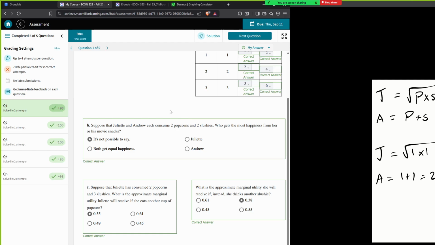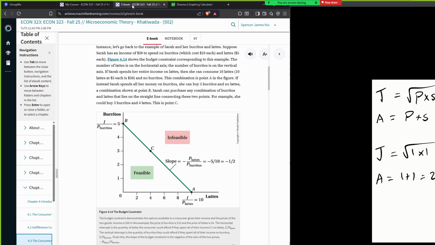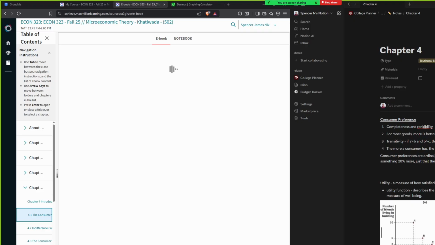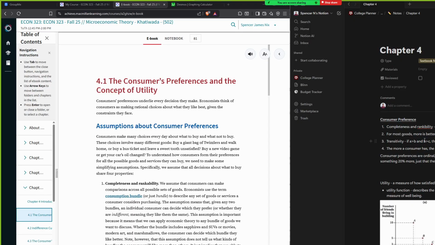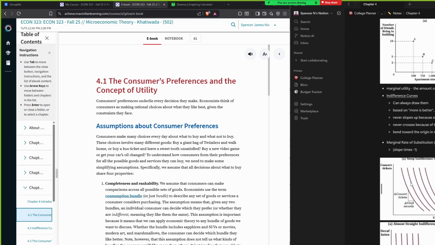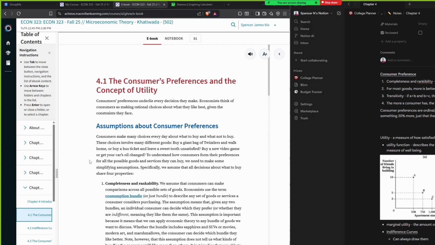So B, this one is the one that I did quickly and I didn't really think about it. In the book, it says, what does it say? Did I take notes on this? No, I didn't take notes on that.